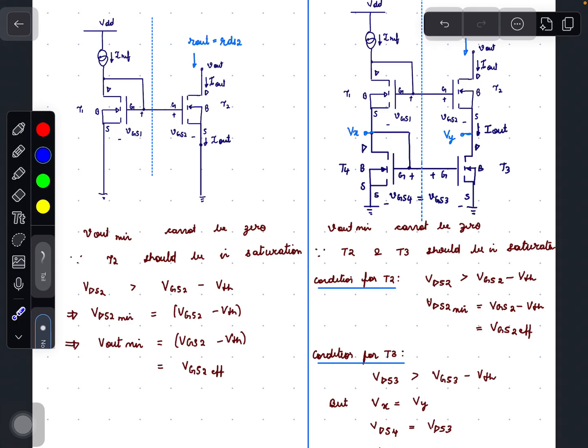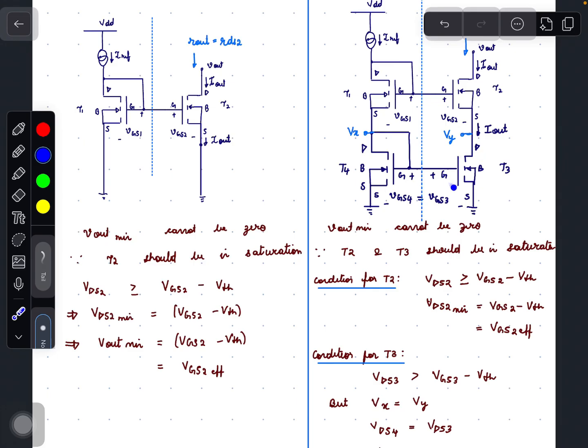For T2 to be in saturation, we want the drain to source of 2 to be greater than or equal to VGS2 minus VTH. So VDS2 minimum is nothing but VGS2 minus VTH, which can be written as VGS2 effective.